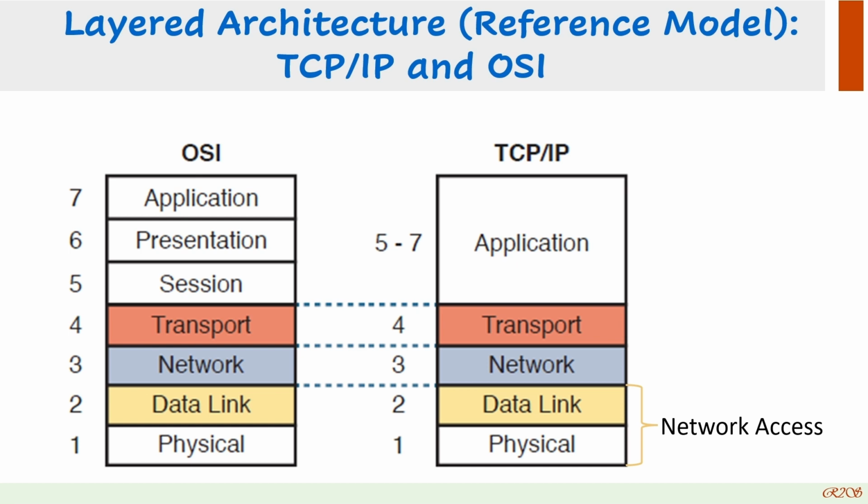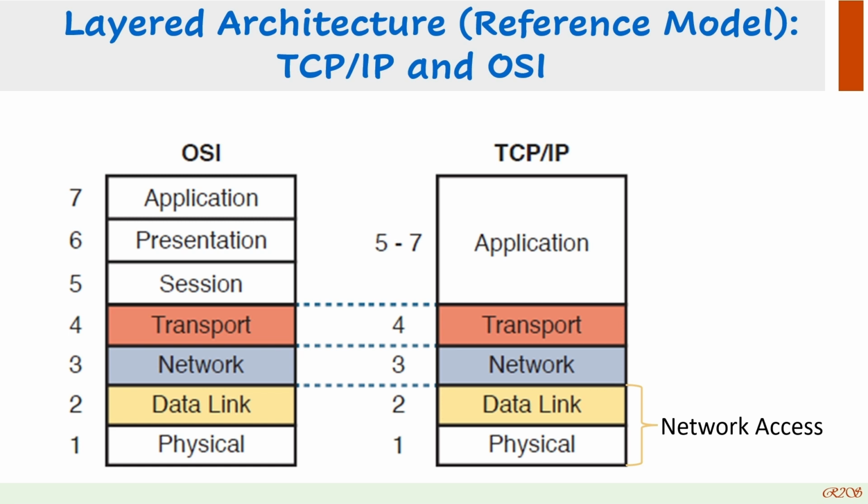So the application layer in the TCP/IP model actually combines the top 3 layers of the OSI model. That means the application layer in the TCP/IP model includes the session layer, presentation layer, and application layer. So we get the 5 layers in the TCP/IP model.